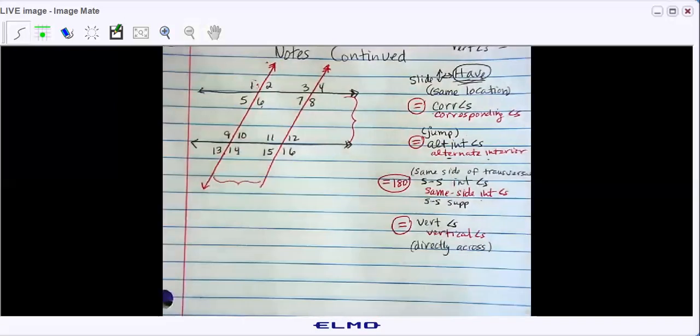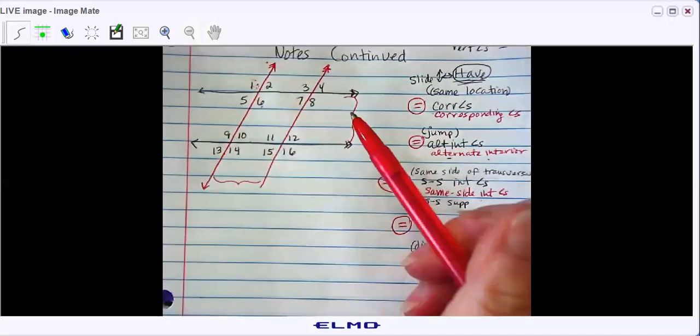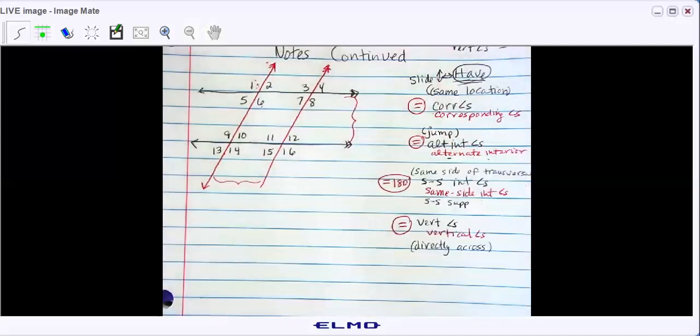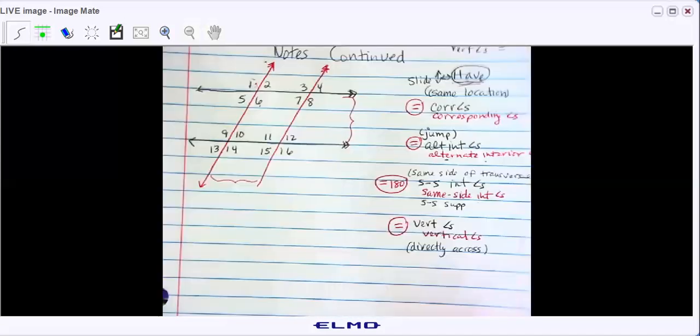So would it be angle 9 or angle 10? I want the angle that's in the top left-hand corner down here of these 4. Is it going to be angle 9 or angle 10? 9. Good. So an example would be angle 1 and angle 9. We're going to write that over here. That's an example.